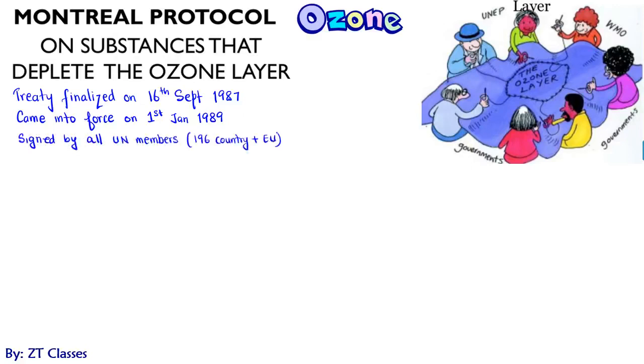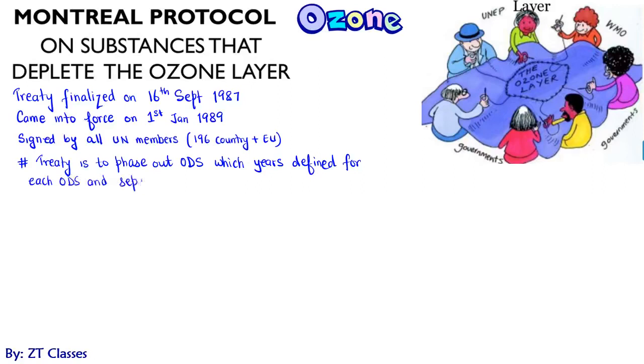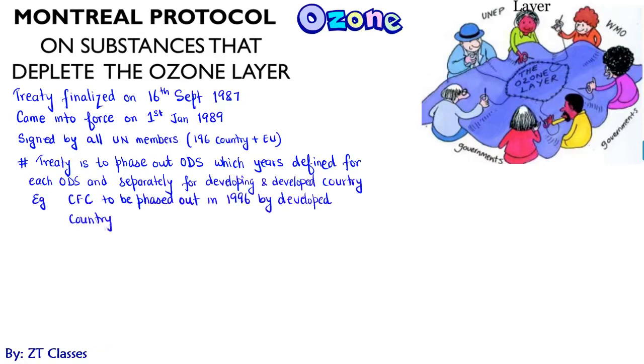It's a universal treaty. In fact, this was the first treaty which was universally accepted. This treaty is to phase out ozone depleting substances, and it differs for different ODS. Few ODS were to be phased out by 1996 by developed countries, and by 2010 by developing countries.